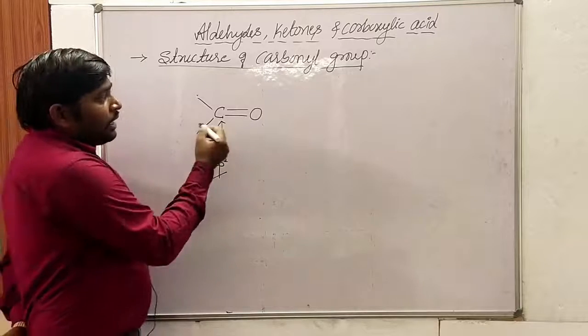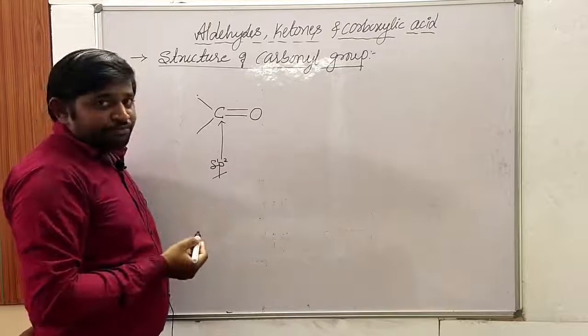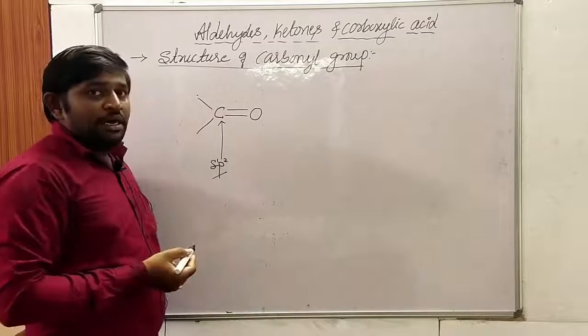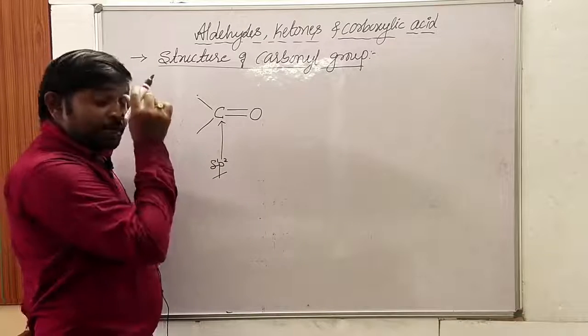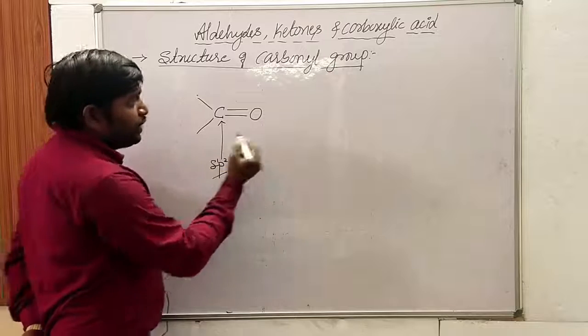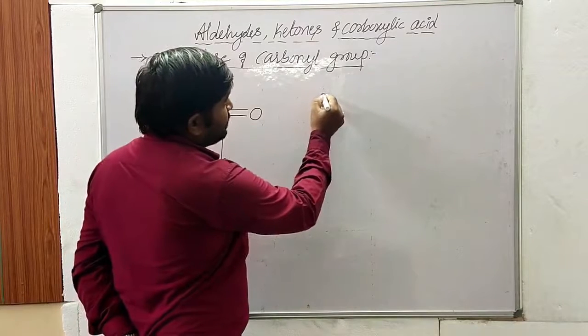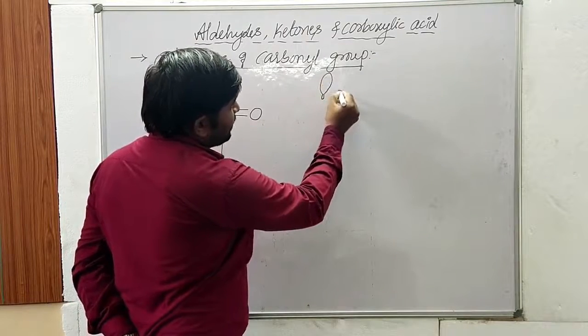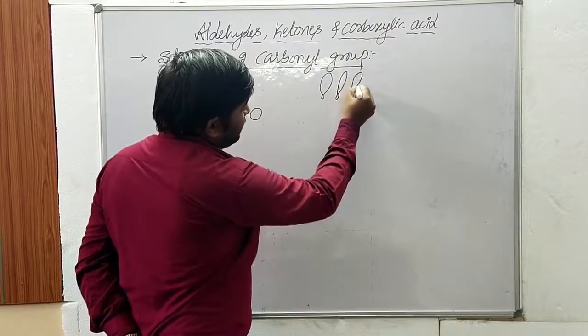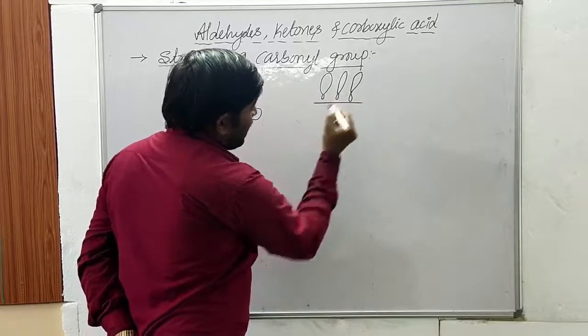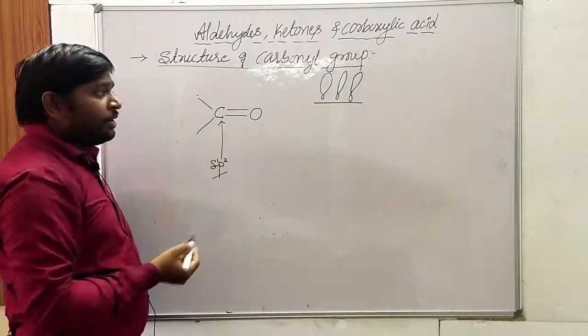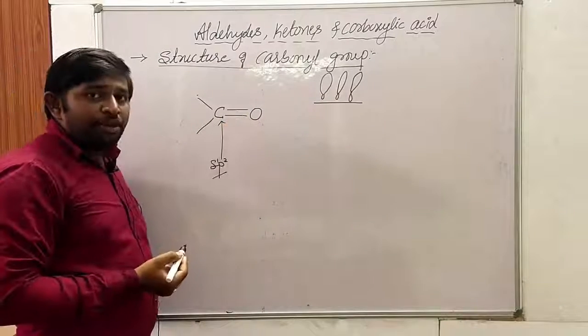So how can you explain the hybridized structure of the carbonyl group? sp2 means there are three hybrid orbitals, and by the mixing of these we obtain the carbonyl group.